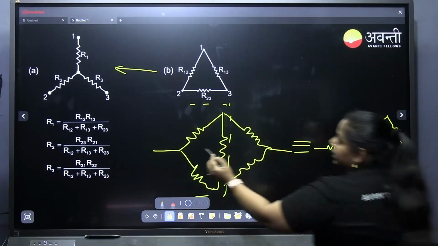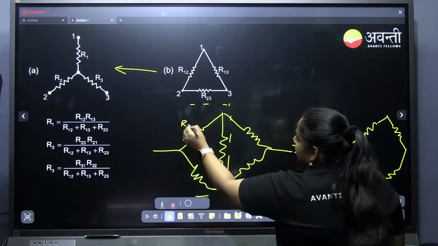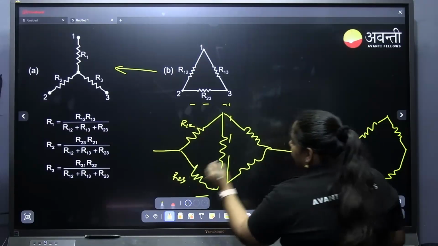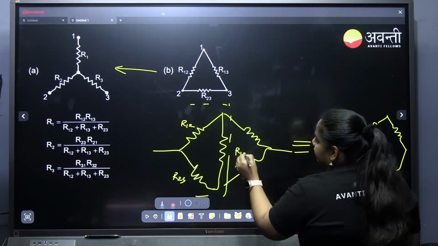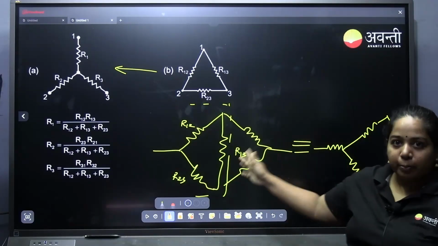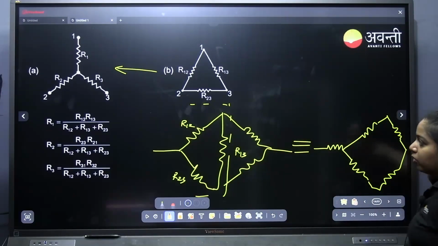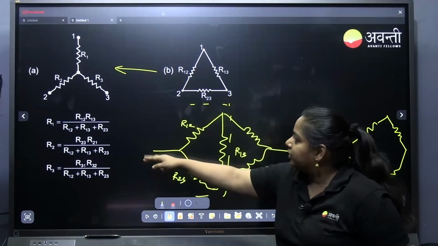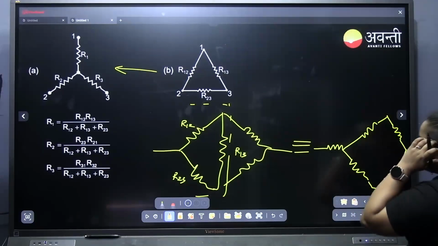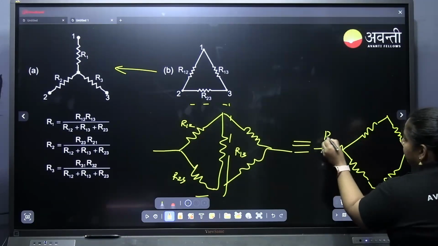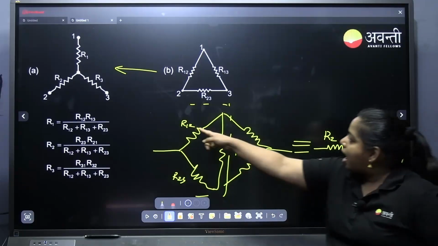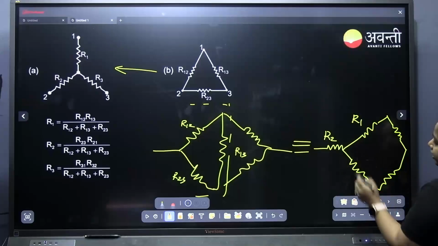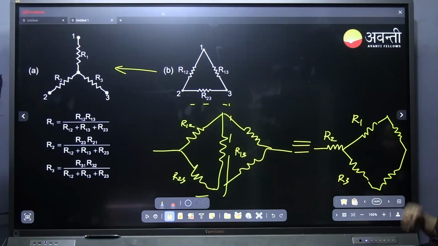Here I am considering this is R12, this is R23 and this will be R13. You have to name it properly, then only you can convert. So R12 and R23 together will form R2. Then R12 and R13 together will form R1. Here it will be R3.